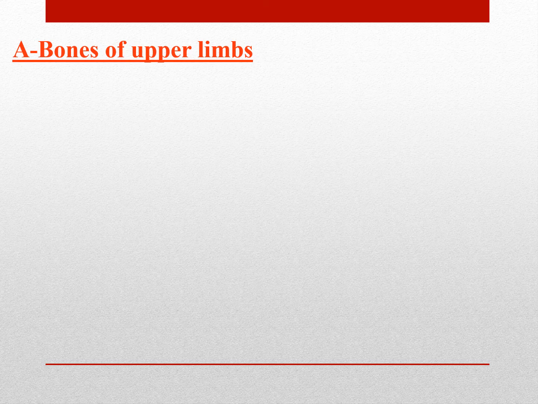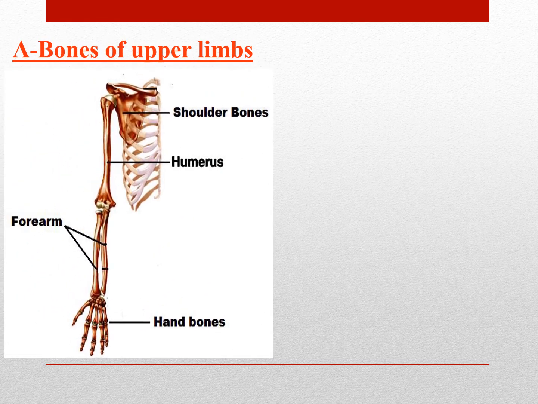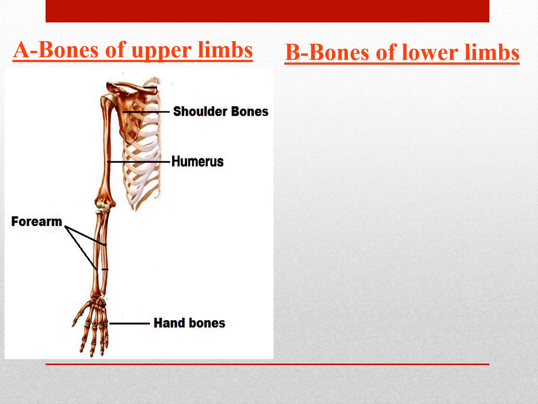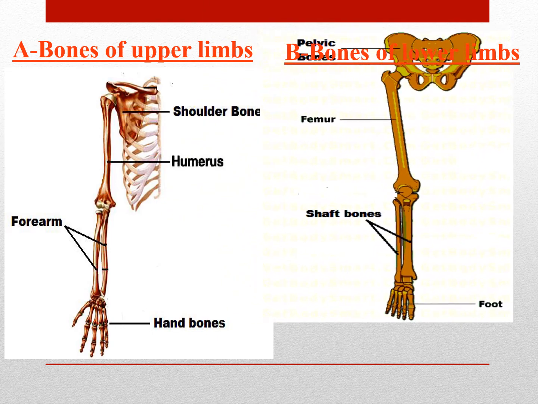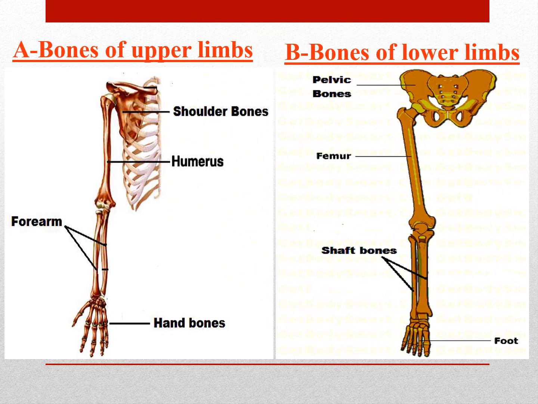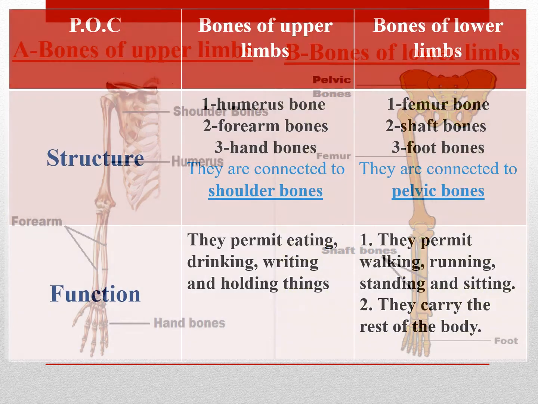From the previous video, we can divide the appendicular skeleton into bones of the upper limbs, which are shoulder bones, humerus, forearm, and hand bones, while the other group are bones of the lower limbs, which are pelvic bone, femur, leg bones, and foot bones.